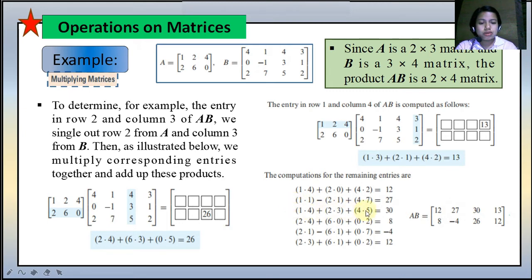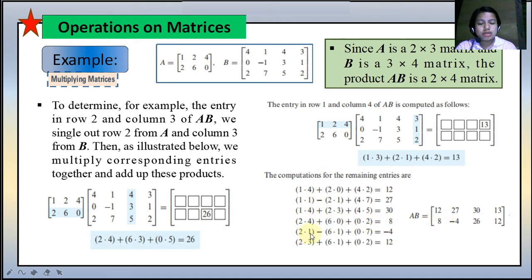Then we have row 1, column 3. So this one and this one. 1 times 4 is 4, plus 2 times 3, that's 6, that's 10, plus 4 times 5, that's 20, so 10 plus 20 is equal to 30. Then we have row 2, first column: 2 times 4 is 8, plus 0, that's 8.